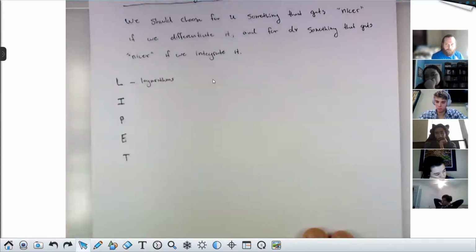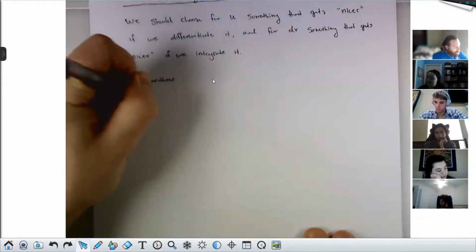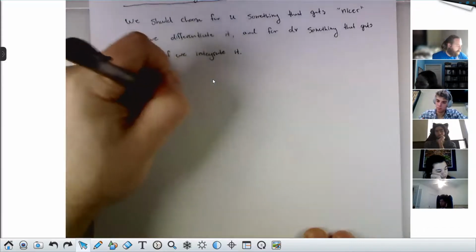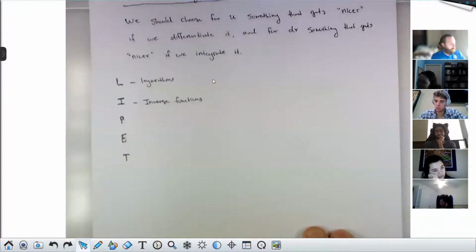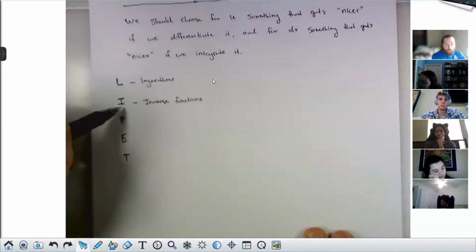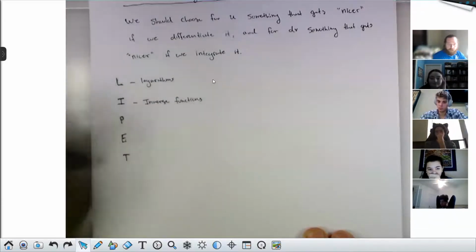If your integral has any logarithms in it, then you should choose those to be u and everything else to be dv. If your integral doesn't have any logarithms in it, you're going to look for inverse functions like arctangent. If there are not any logarithms, but there are inverse functions in your integral, then you should pick those to be u and everything else to be dv.